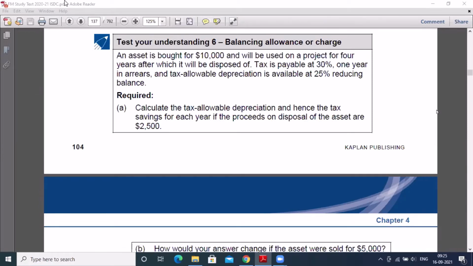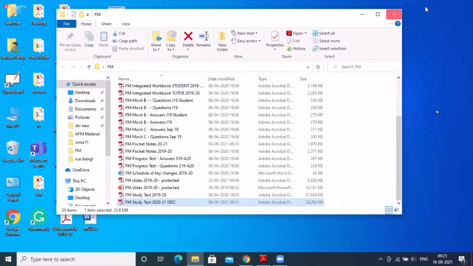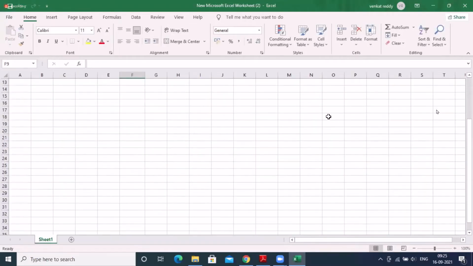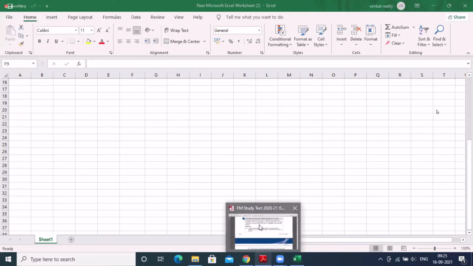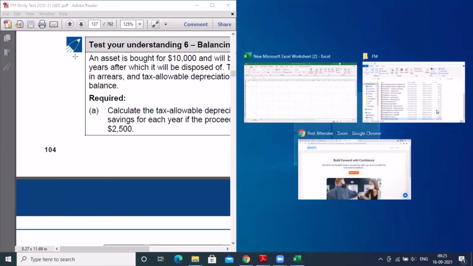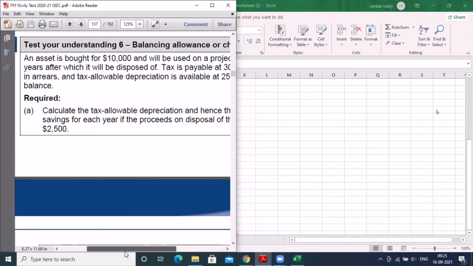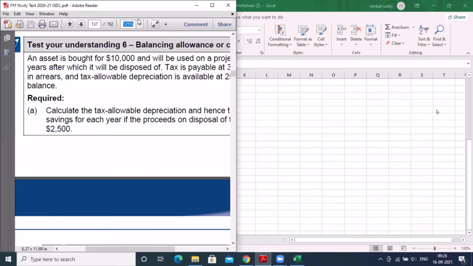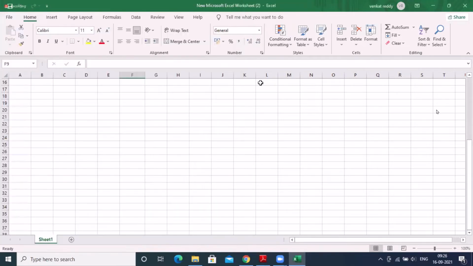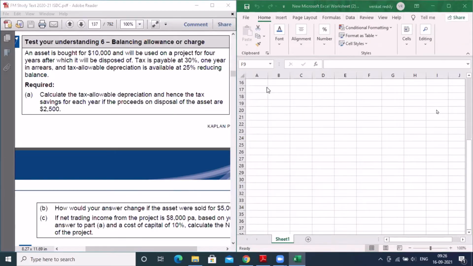Now first let me open my screen. I hope everyone can see my screen.